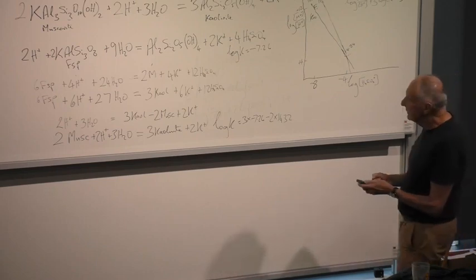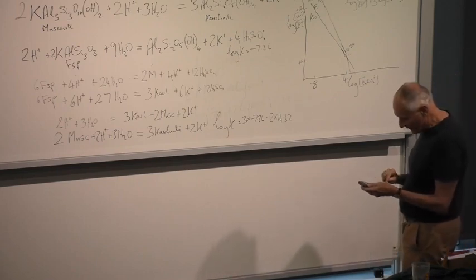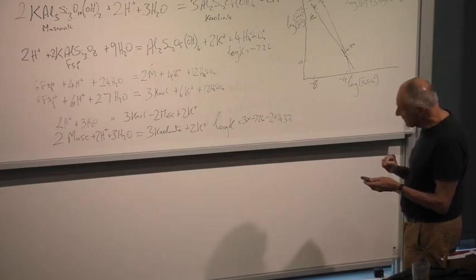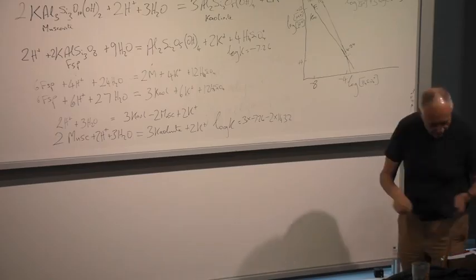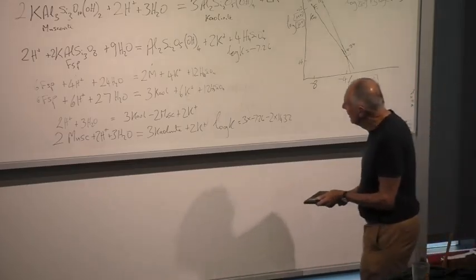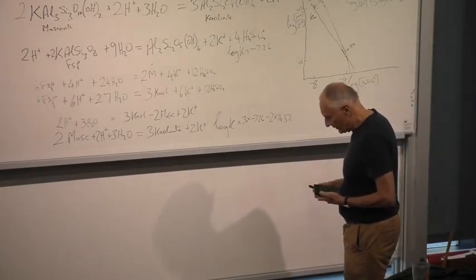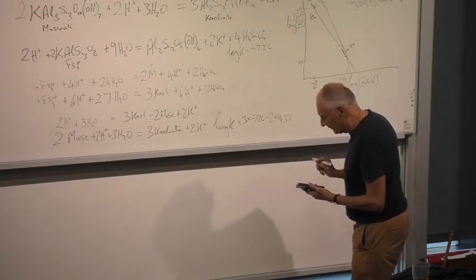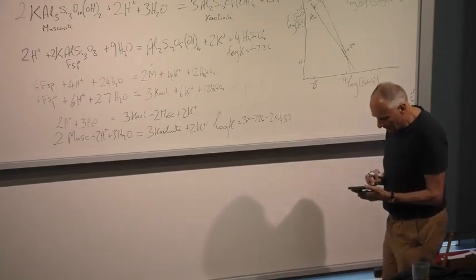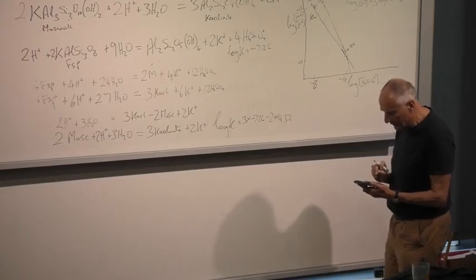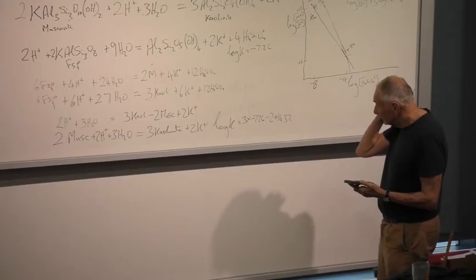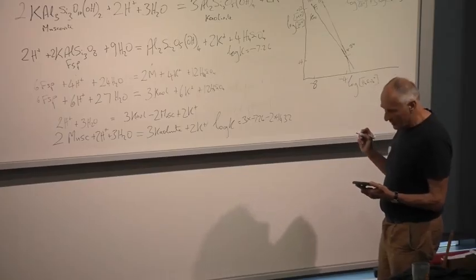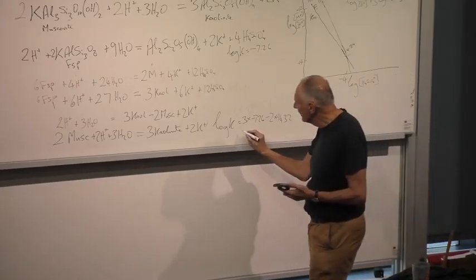So that comes to 3 times minus 7.26, minus 2 times minus 14.32, which equals 6.86.